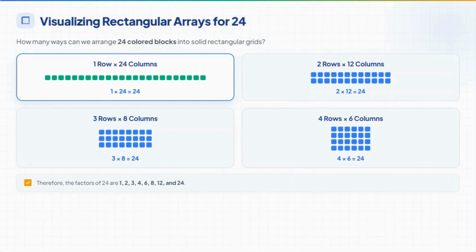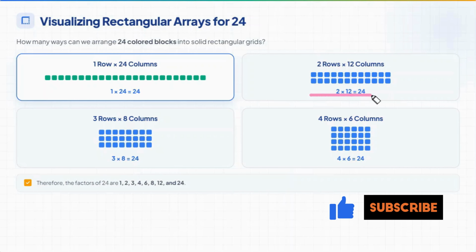Now let us test this with a bigger number, say 24. We can make a rectangle that's 1 unit tall and 24 units wide. Or we can transform it into two rows of 12 people each, or 3 rows of 8 people each, or 4 rows of 6 people each.